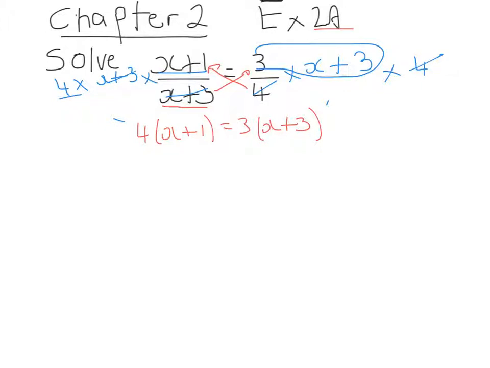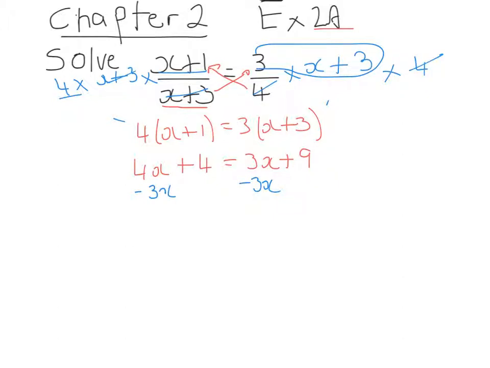Okay, now what I can do is expand. 4(x + 1), when I expand it, will be 4x + 4, and 3 times (x + 3) is 3x + 9. Okay, now what I'll do is I'll take away 3x from both sides.